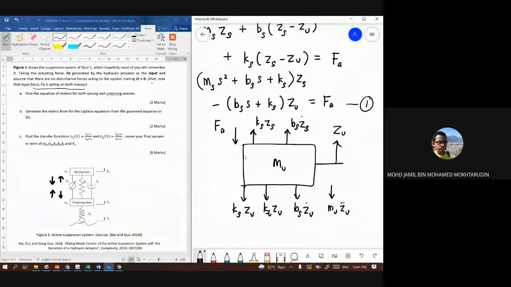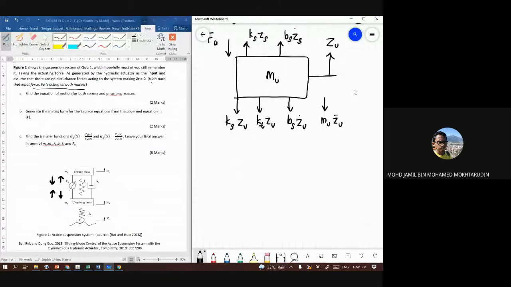Now we have all of the forces, so we can write the equation of motion.